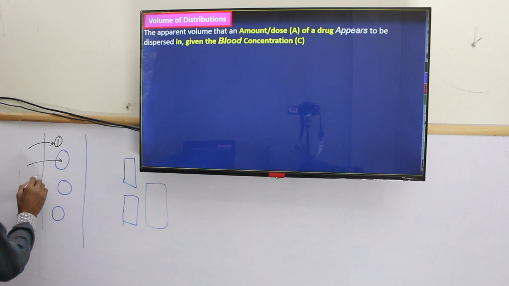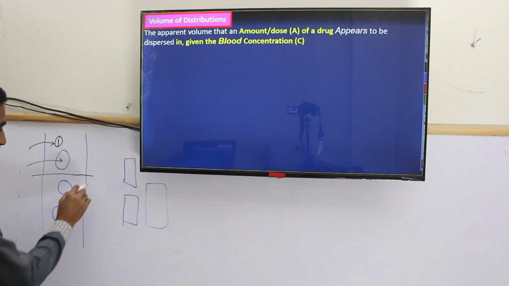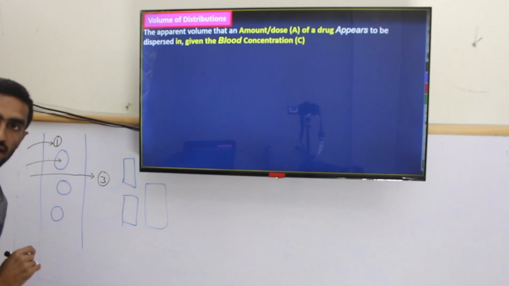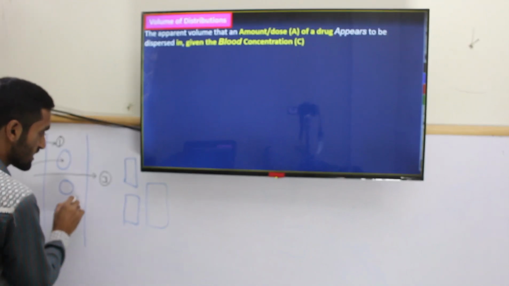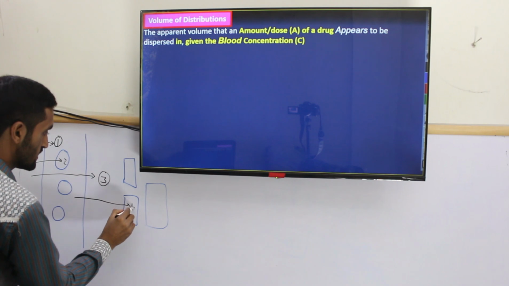The other way, it may cross this plasma membrane, come out of the blood vessel, and come into the interstitial fluid. So this drug can enter into this tissue.